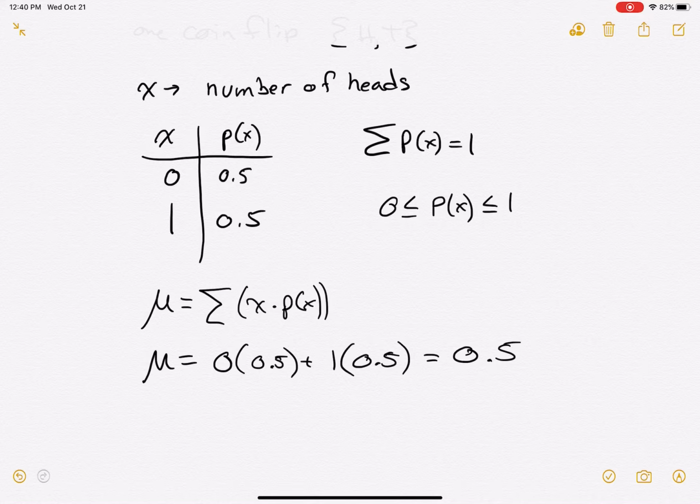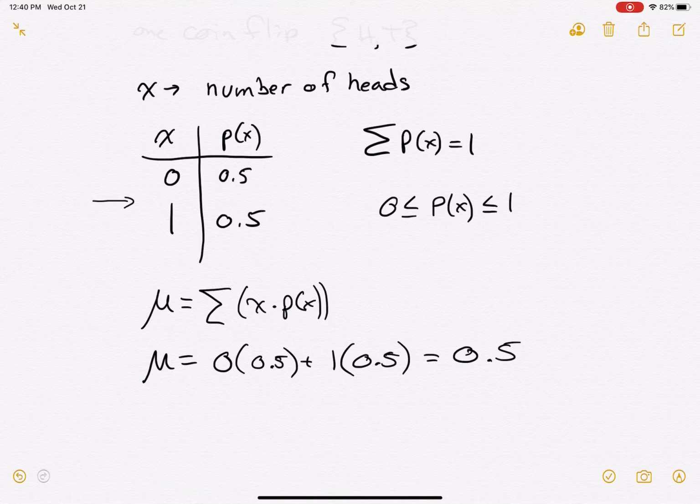So what that means is that the average outcome that we get is half of a head, which sounds ridiculous. However, it's kind of what you would expect, that the mean would be somewhere in between 0 and 1. And because there's a 50-50 shot between a head and a tail, it stands to reason that it's right in the middle.